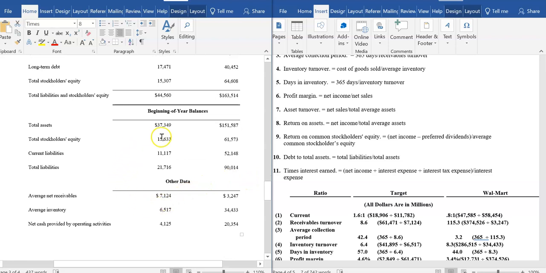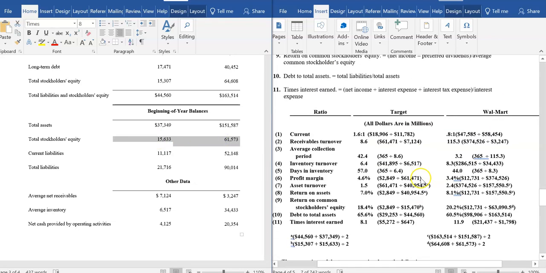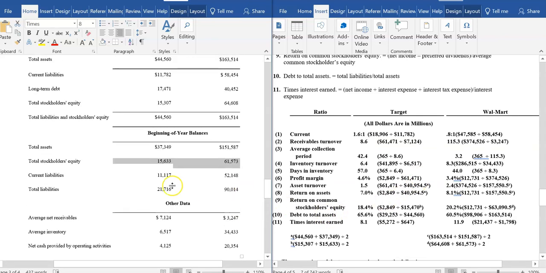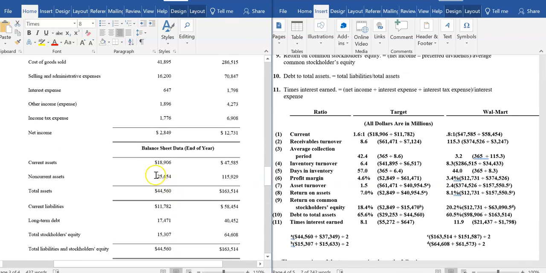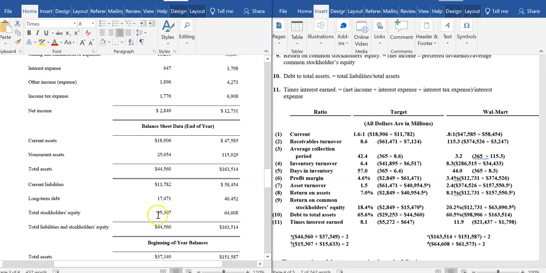Down here, it looks like they gave us the beginning of year values for stockholders' equity. So in order to get the average common stockholders' equity, we will take the beginning of year balances for both of those, add in the end of year balances for total stockholders' equity.